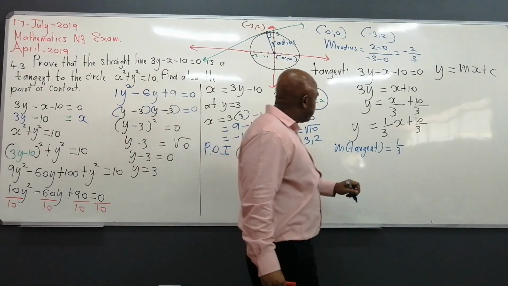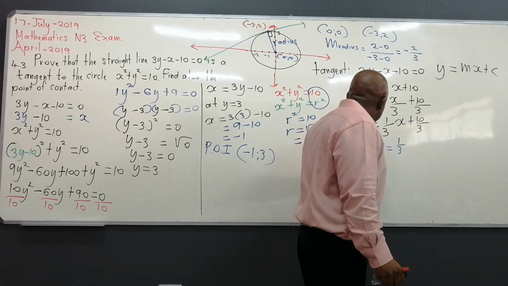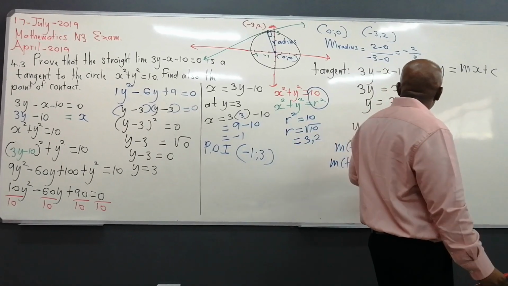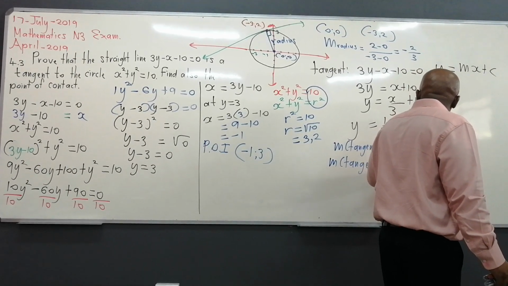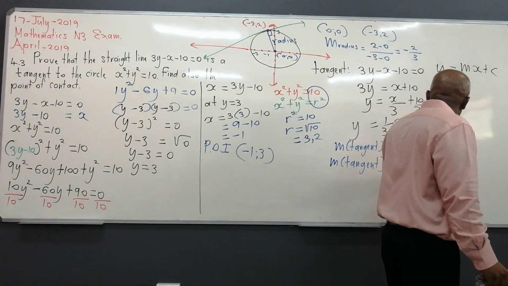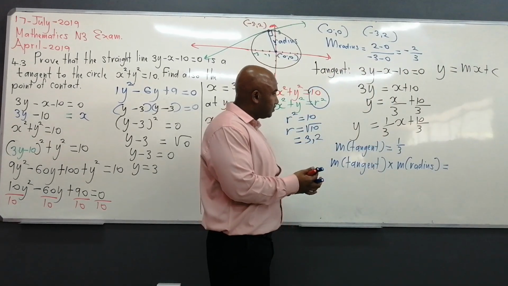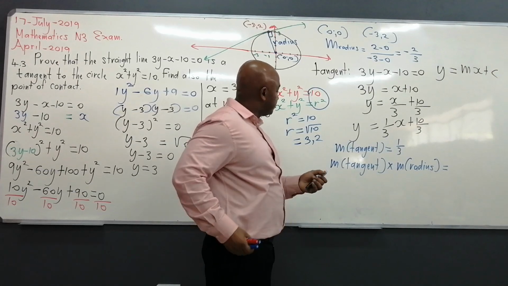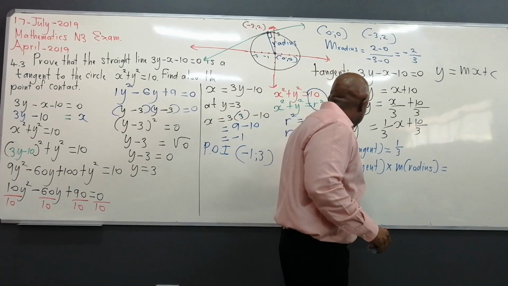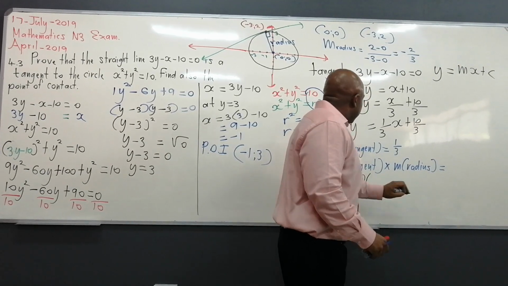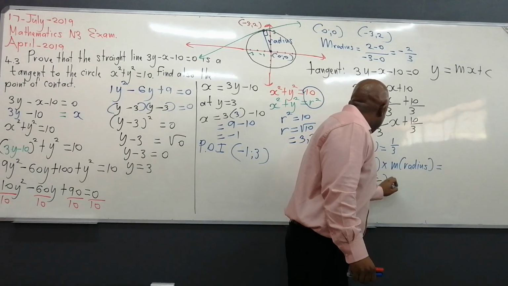Okay. Now, m tangent times m radius. So my m tangent there is 1 over 3 and m radius is minus 2 over 3.